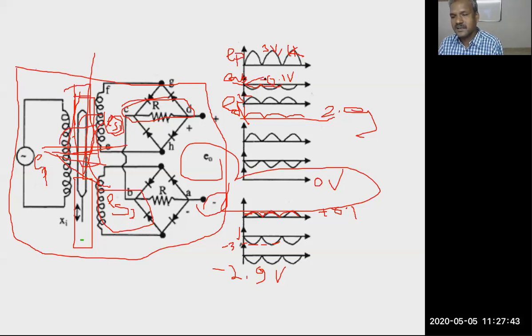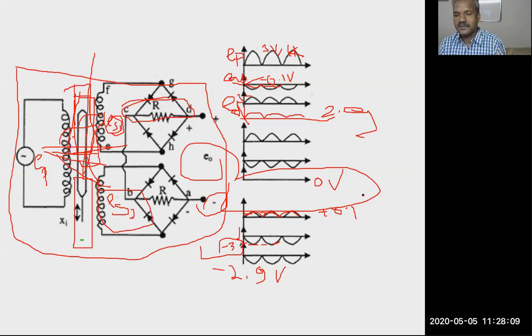So the difference is 3 minus 0.1, 2.9. When the core is at bottom extreme, minus 3 volt is generated, so maximum EMF across ES2. ES1 is small, that is plus 0.1. The difference between these two will give minus 2.9. This is a simple operation of LVDT.